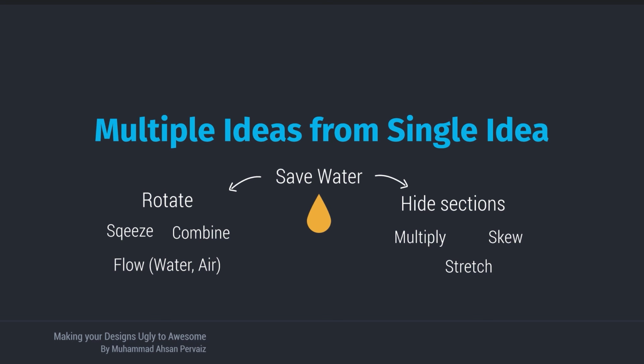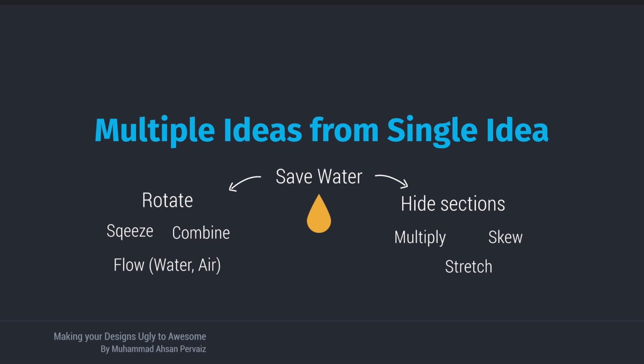There are multiple ideas, but what you are going to do is take one simple shape or single idea and try to apply all these different effects on it. You try to rotate it, duplicate it, multiply it, skew it, flow it, stretch it, hide different sections of it, and combine it with more shapes or a different idea.